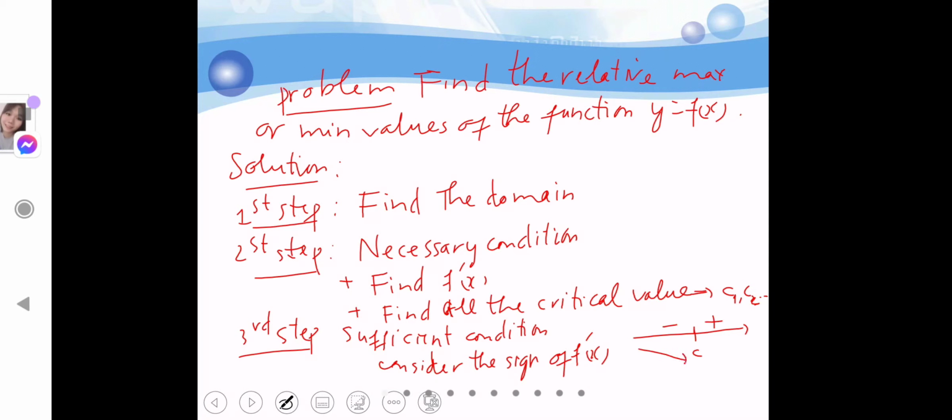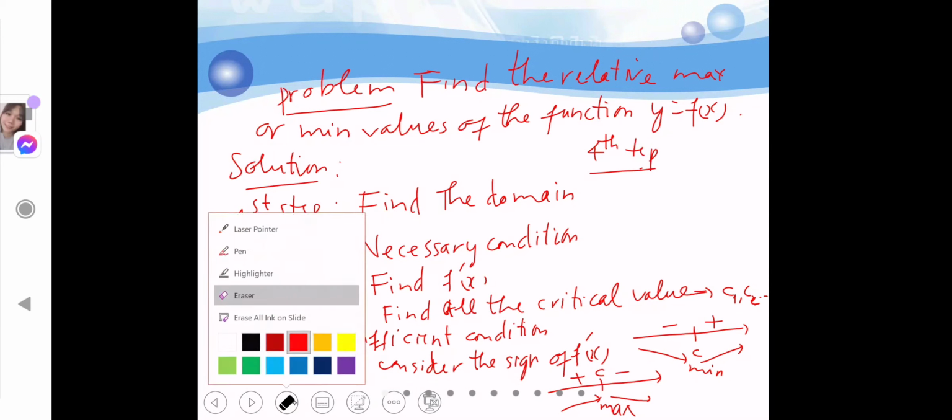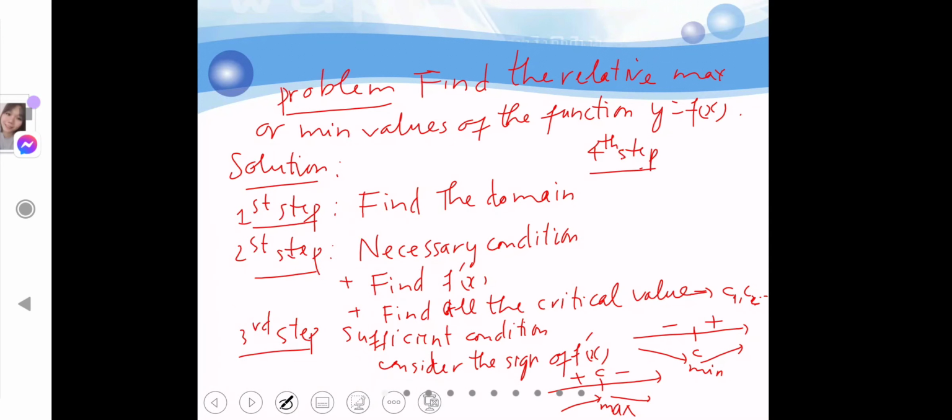In this case it is a minimum value. If on the left side it is positive and on the right side negative, it is a maximum. And the last step, the fourth step, is the conclusion.